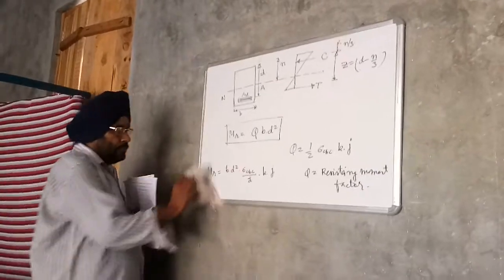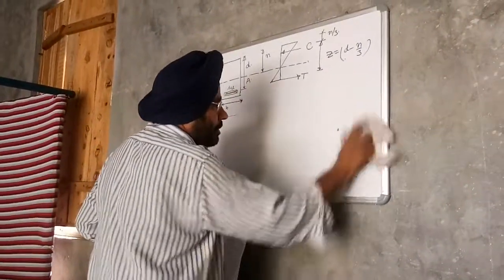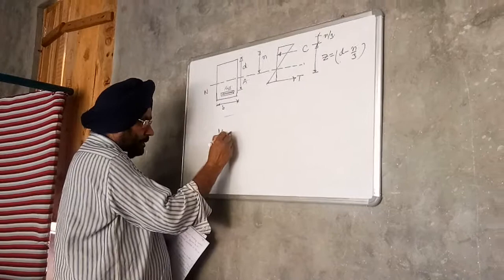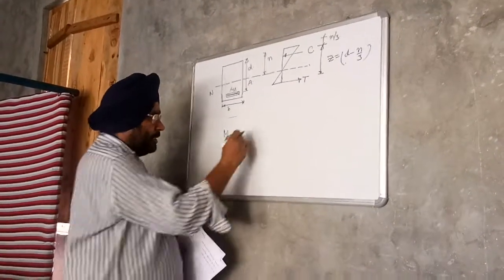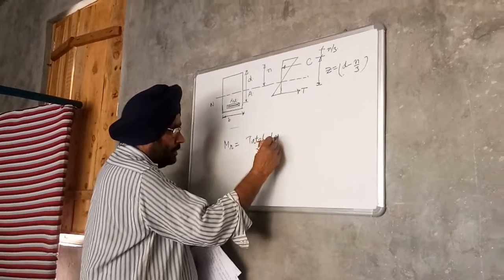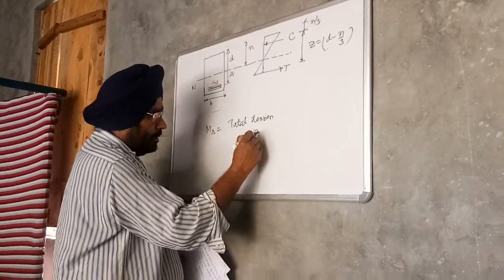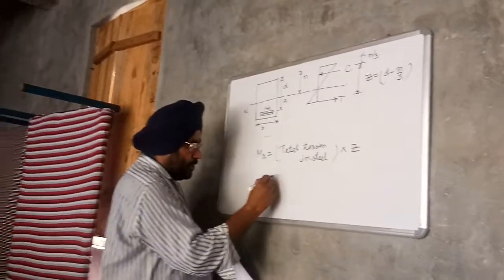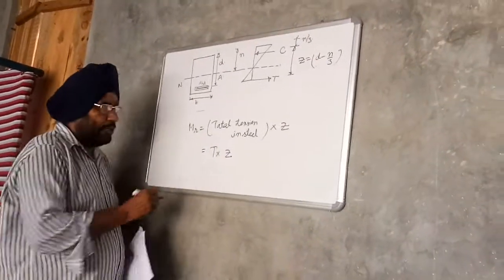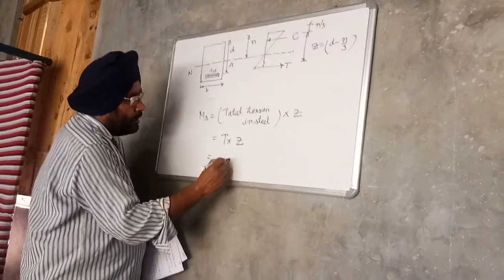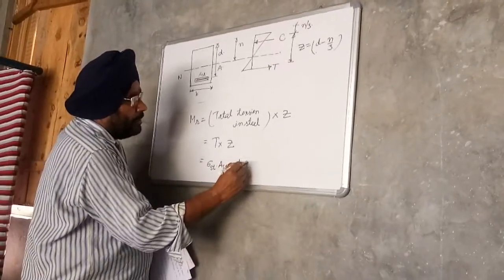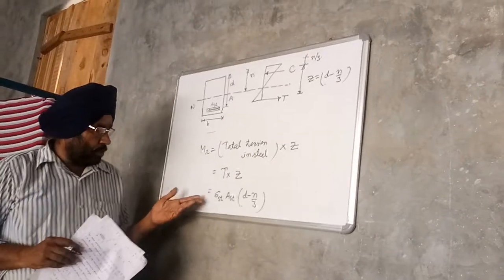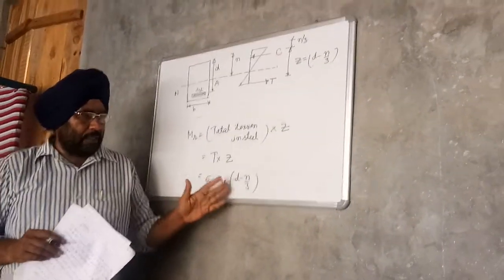So also, another equation for the moment of resistance is total tension in steel into lever arm Z. So total tension in steel is equal to T into Z. So it means this is equal to sigma st into AST into Z, d minus n by 3. So moment of resistance is equal to sigma st into AST into d minus n by 3.